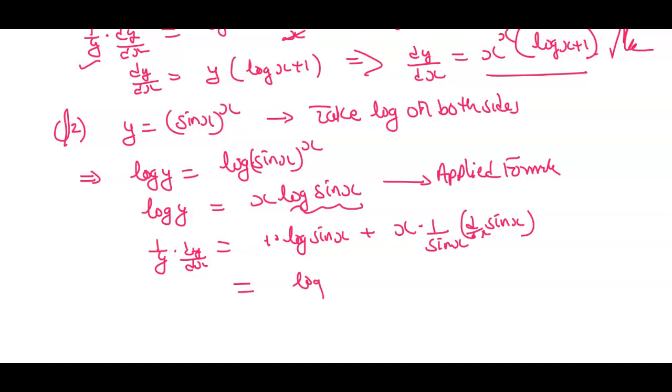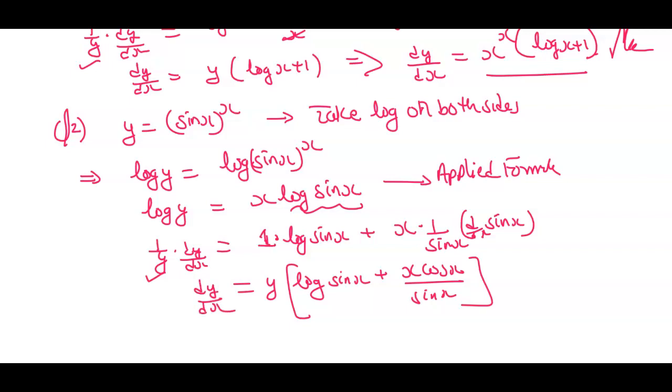It is x cos x upon sin x, plus log sin x. This y I am going to shift here. So again you are supposed to put the value of y, which is sin x to power x, all done.